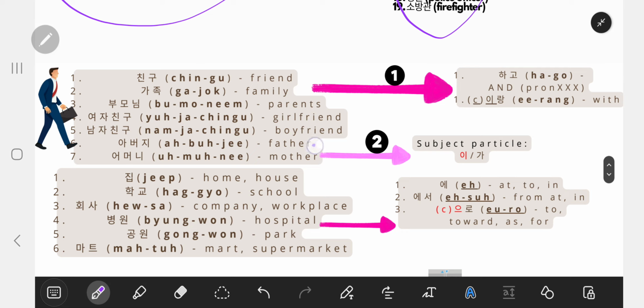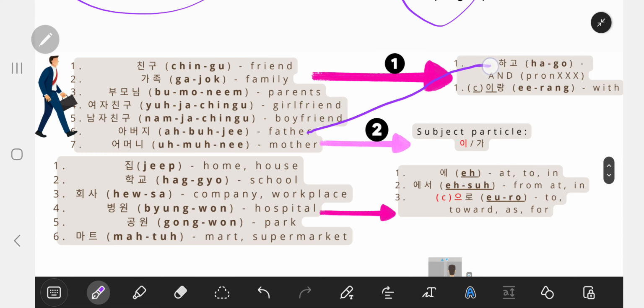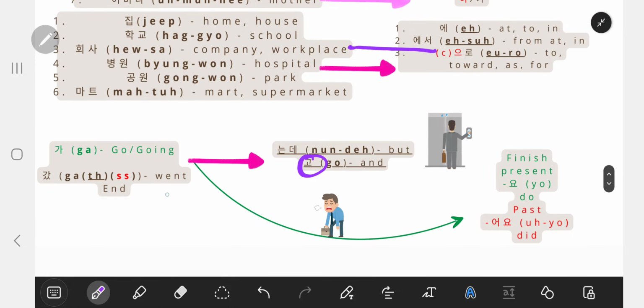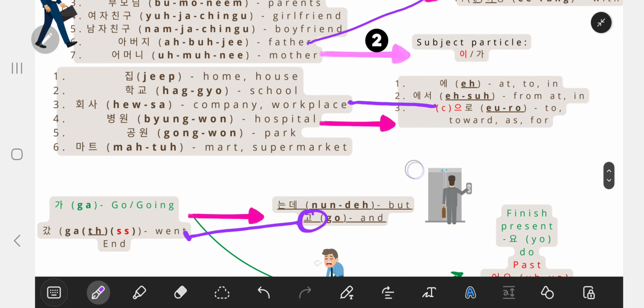How would we say this? 아버지, my father and I. Let's do my father and I. 아버지하고, right? 아버지하고 회사로 갔고, okay, 갔고, and then we go up.